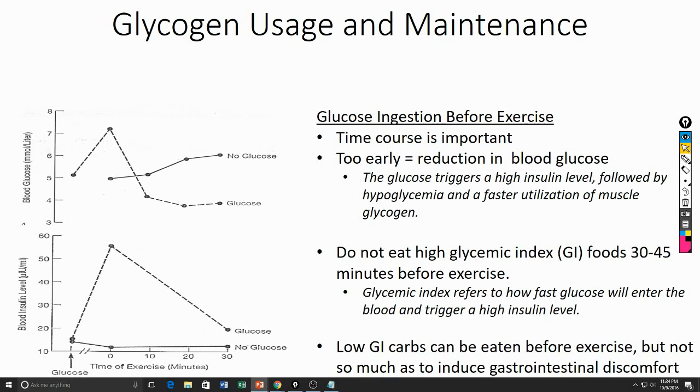So that's the fine balance you run. Taking in glucose prior to a workout is good for your performance, so long as you take it at the right time and you're taking the right kind of carb. But you also have to make sure you're not going to blunt your performance because you have a stomach ache or something due to what you ate.